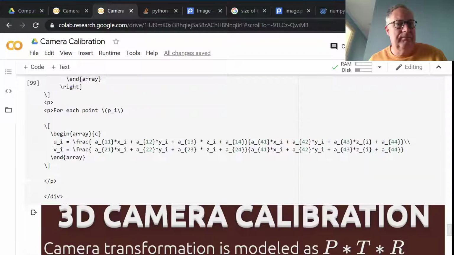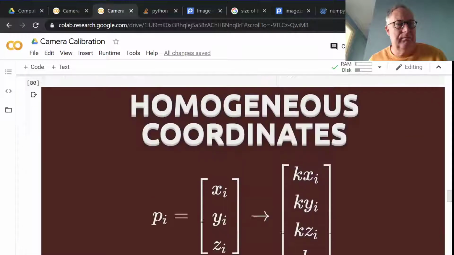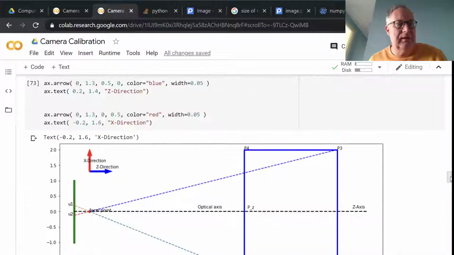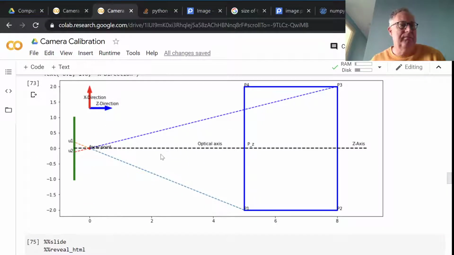I will have to fix that next class. I took the actual image coordinates. What you really have to take is the distance from the optical center of the image sensor.